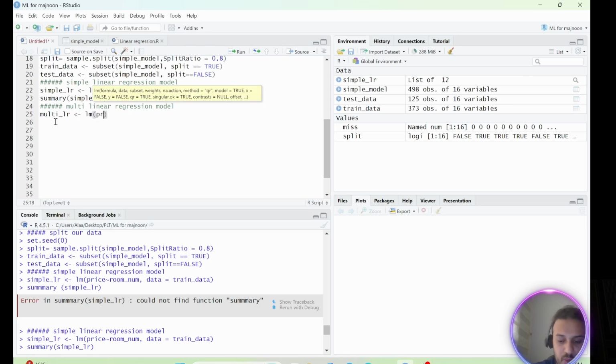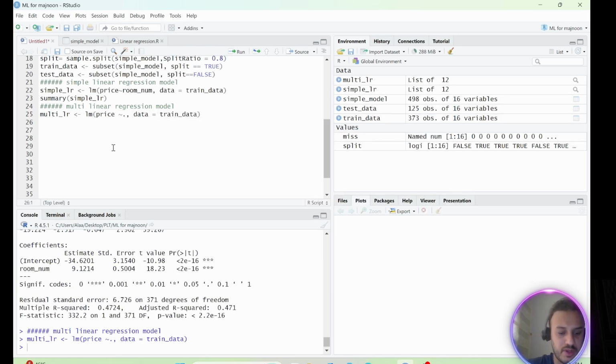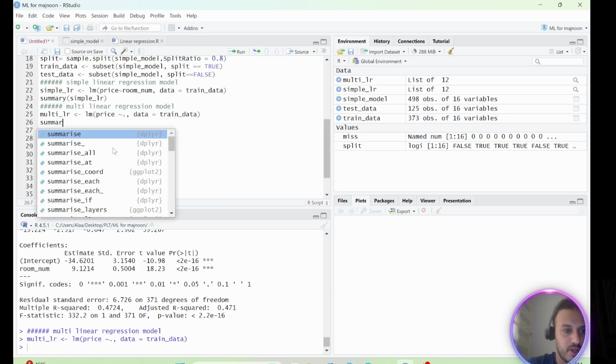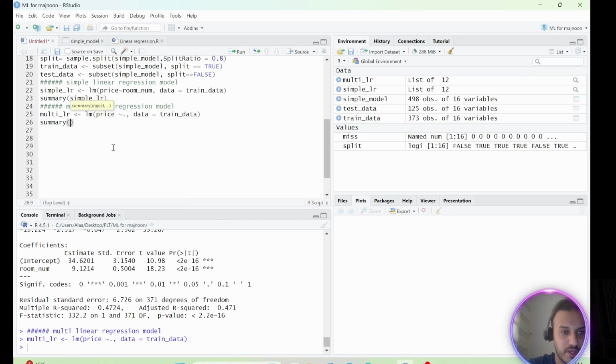So now my y is the price, and I use the tilde and then dot. This dot will give you all the independent variables, the x's in your data, and then my data equal to the train data. We work on the train data, so give it train_data and run, and then give me the summary of my multiple linear regression, and here we go.